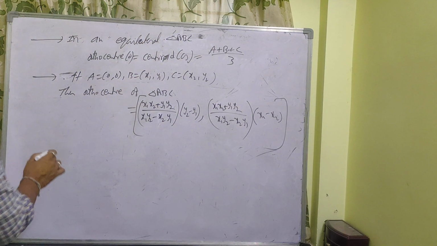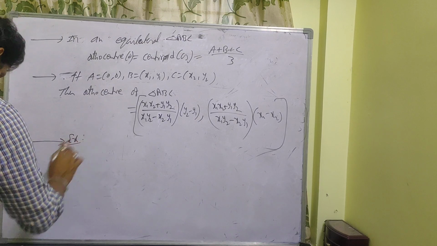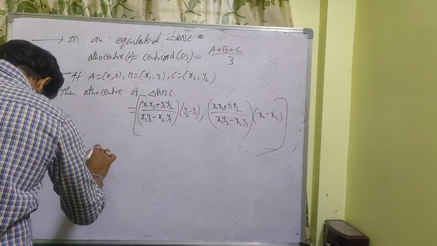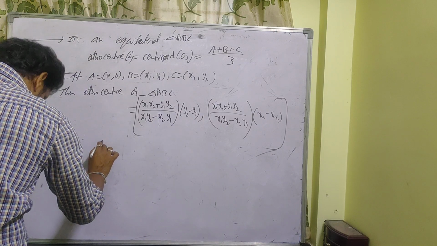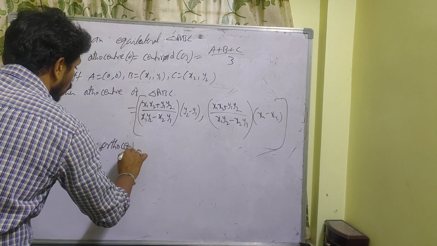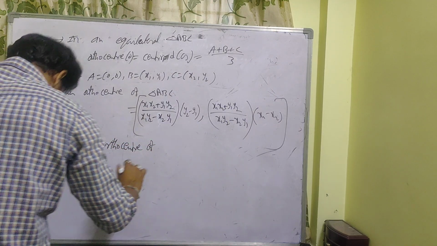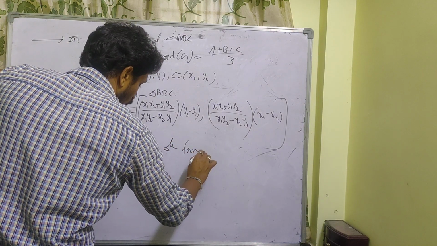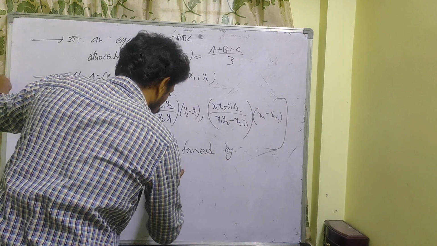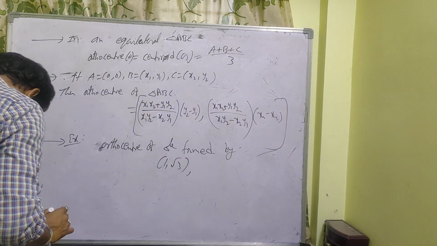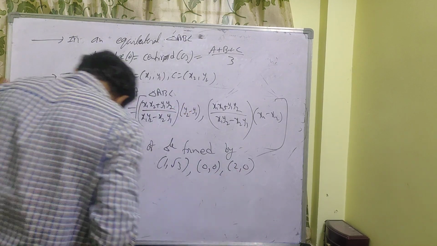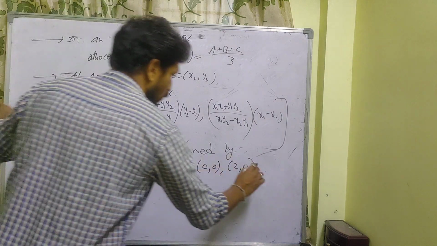Okay, so based on this one, I give one example. The orthocenter of the triangle formed by 1 comma root 3, 0 comma 0, 2 comma 0 is.